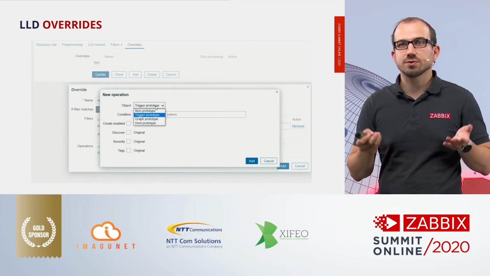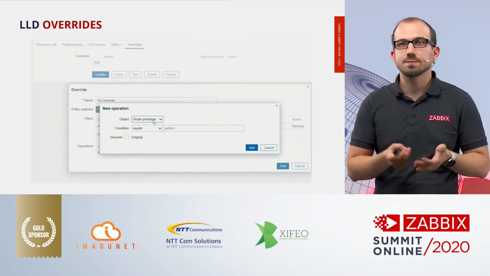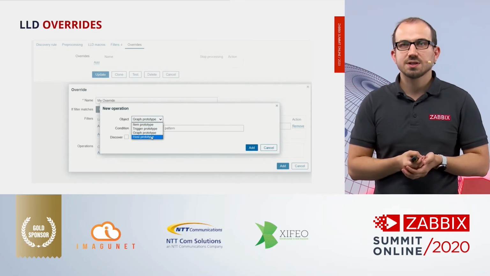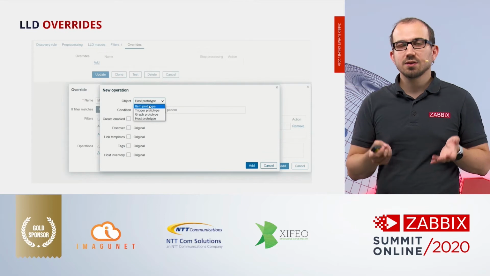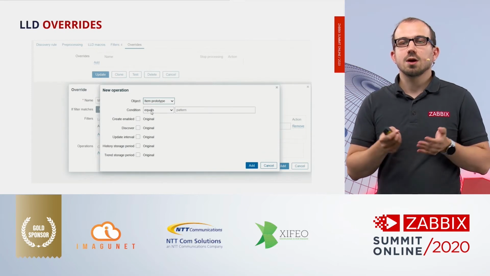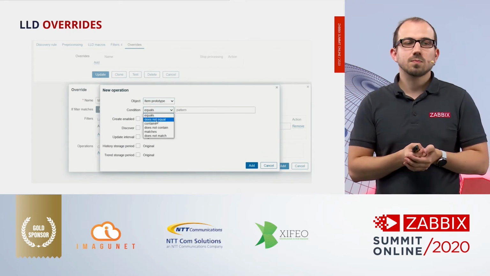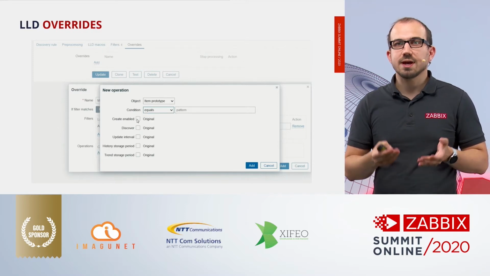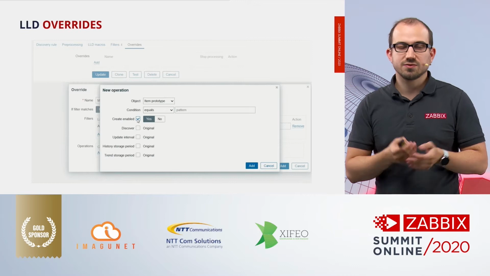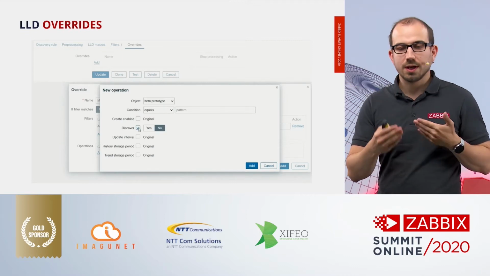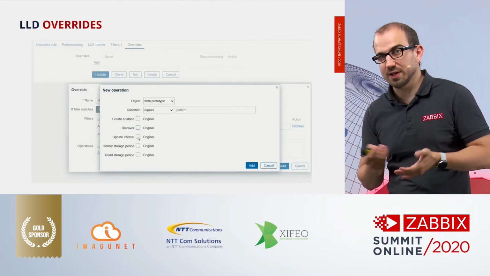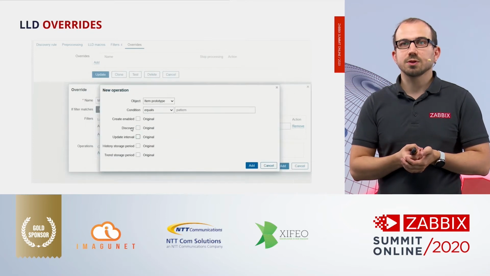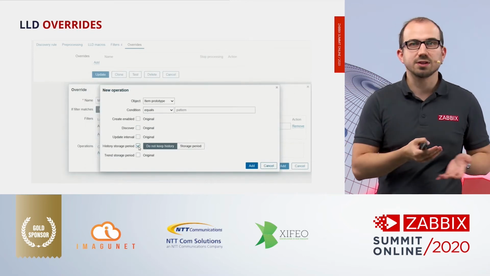There's a lot of them. So there's item prototypes, trigger prototypes. There's also graph prototypes, host prototypes, and all of them have their own specific sub options to do something. And not just those options, they actually have conditions. So for example, if something that was found with the help of the filter, if there's multiple values possible, is found, you can do something with it. You can change its update interval.